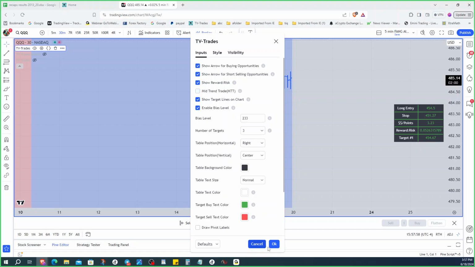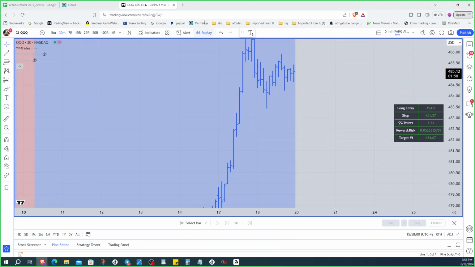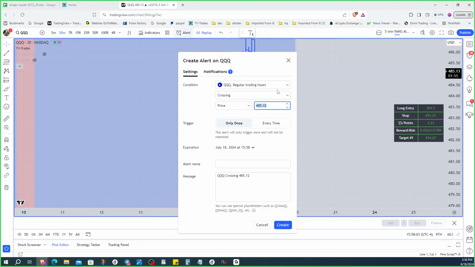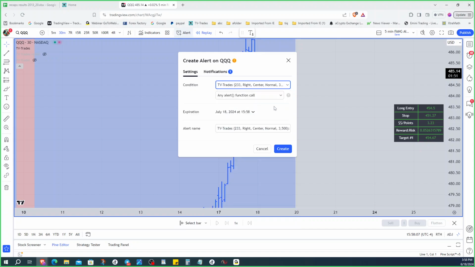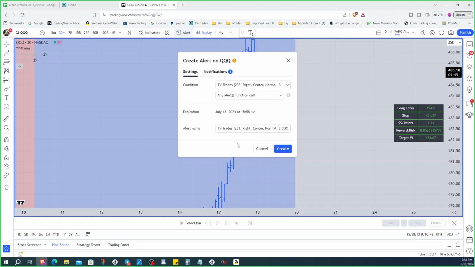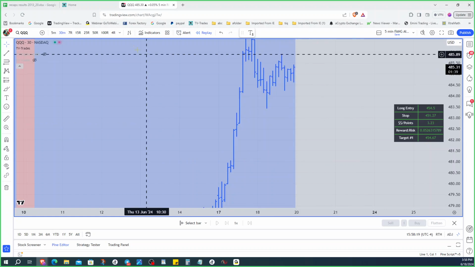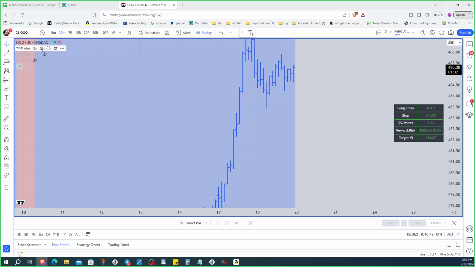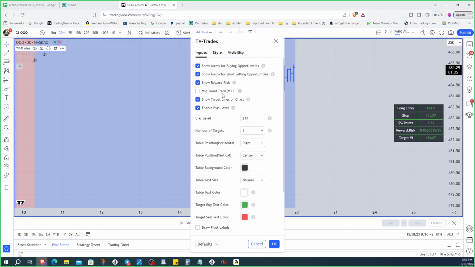Like if I want to do an alert on a mid-trend trade, and I set the alert, and I use my TV trades, and I set a mid-trend trade buy and a mid-trend trade sell and advanced notices and all that, they're going to show up over here, but they're never going to trigger, because in here I don't have the mid-trend trades turned on, and it looks at that.